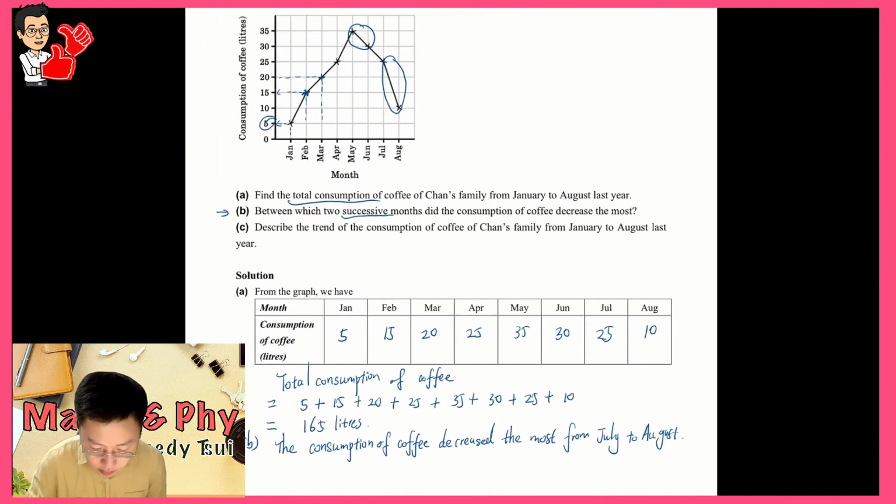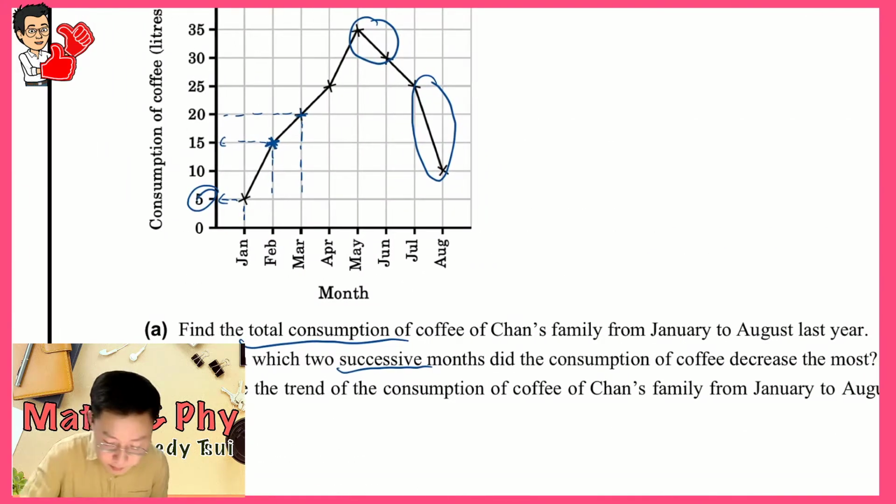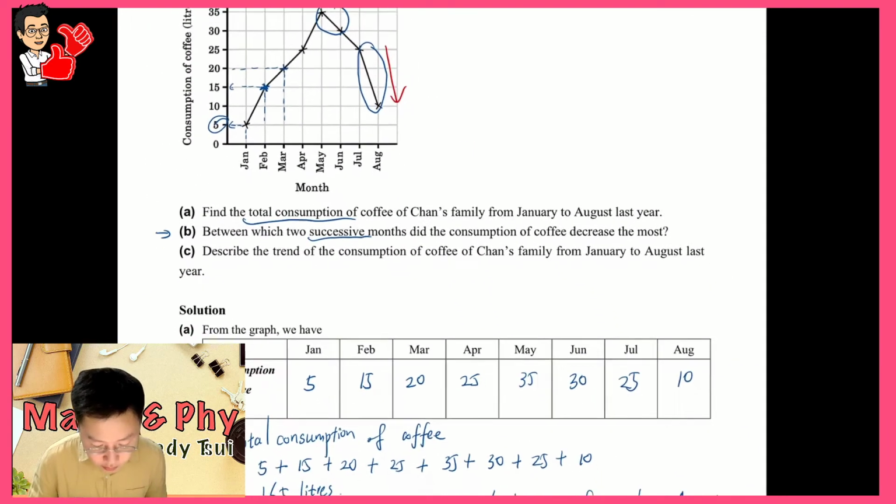From this graph, July and August decreased the most. So now we look at part C.